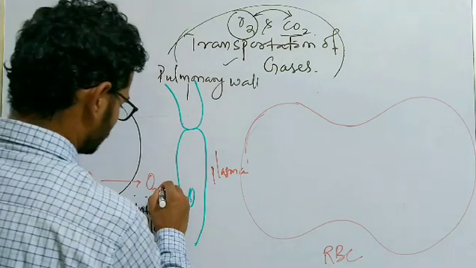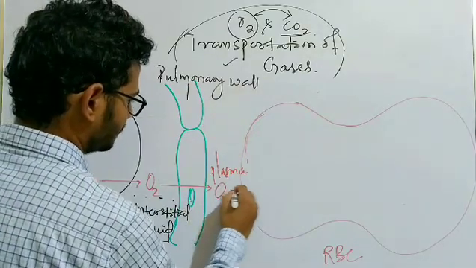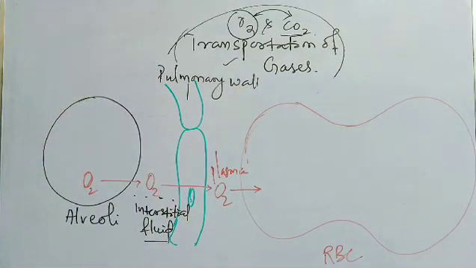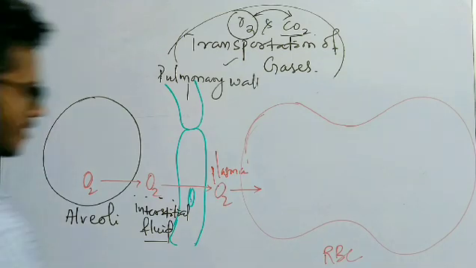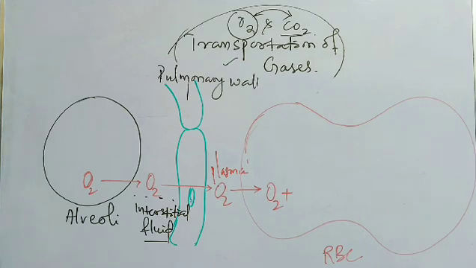Oxygen now enters through this pulmonary wall to the plasma, and from the plasma it reaches the RBC, where it combines with what? Hemoglobin.